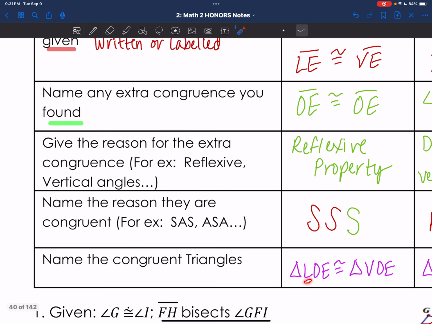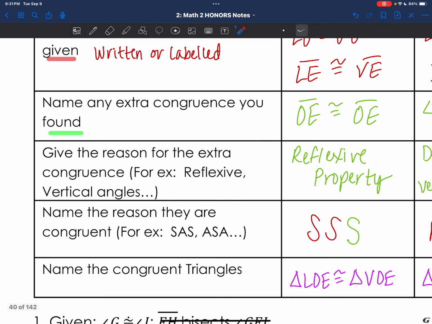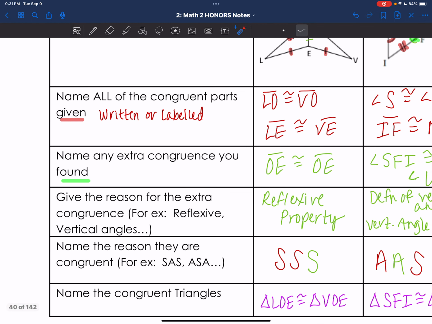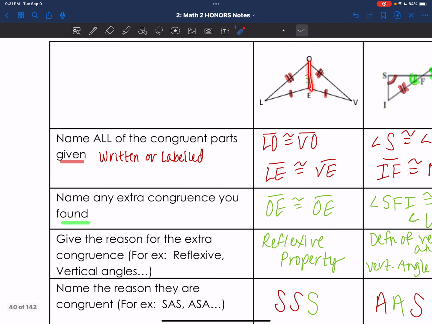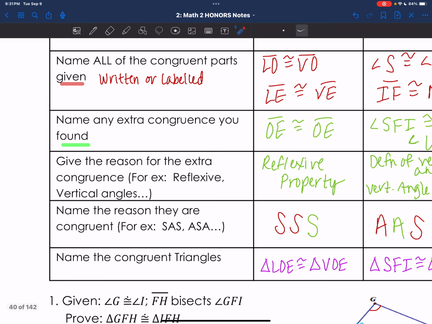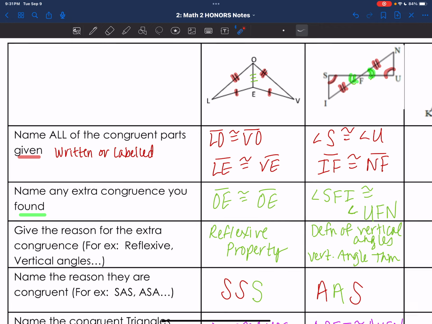Since we started with L, we have to start with the corresponding angle, which is V. And then since we have O in the middle, let's go for O, and then the last should be E. So you're going to write your final statement. You're proving that those 2 triangles are congruent based off of the given information, the found information, and a reason.